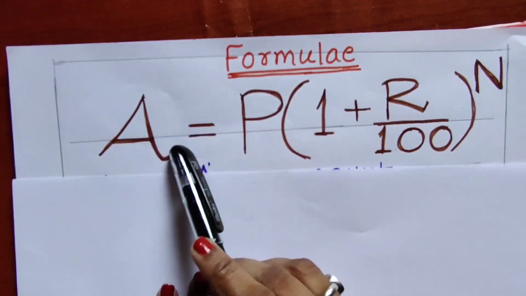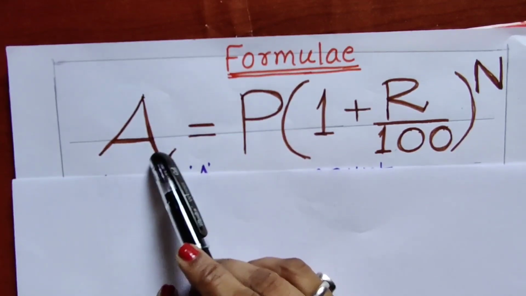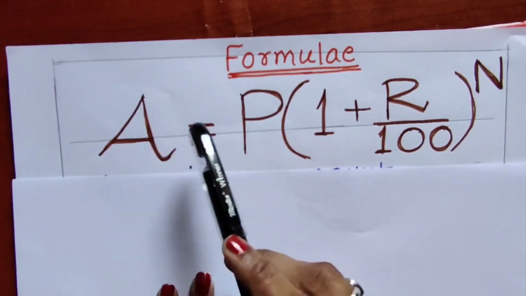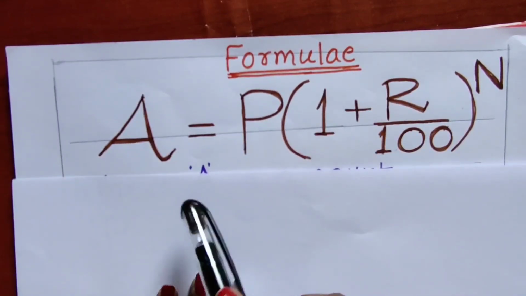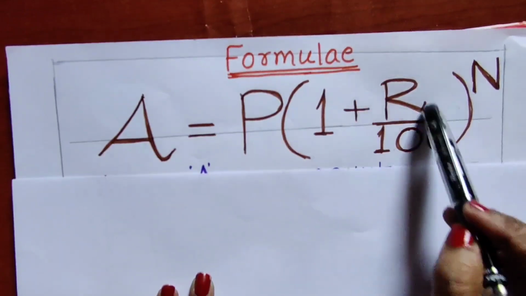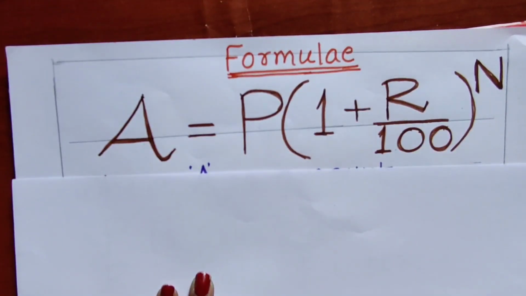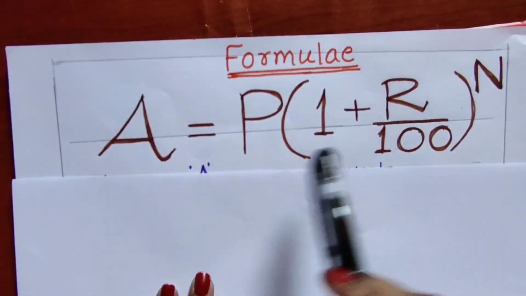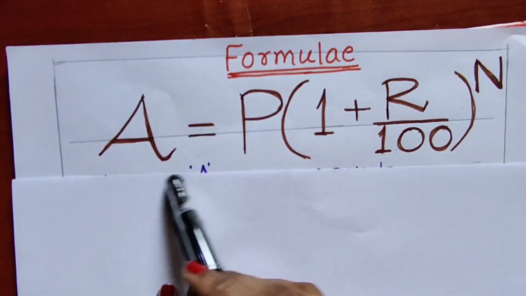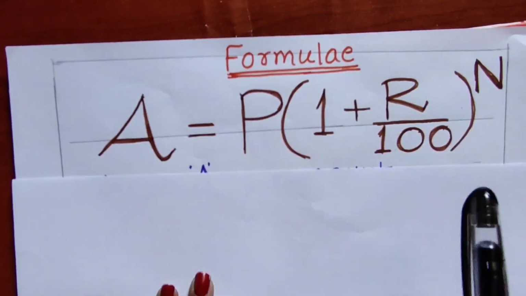Depending upon the data given in the question, we will have to write the values of A, P, R and N, and apply the formula. Only while writing the value of R, we have to check whether there is the word decrease or depreciation. Then we write the value of R in negative form. Otherwise, we can write it in the positive form, and then apply the formula to solve the sums from practice set 14.2.